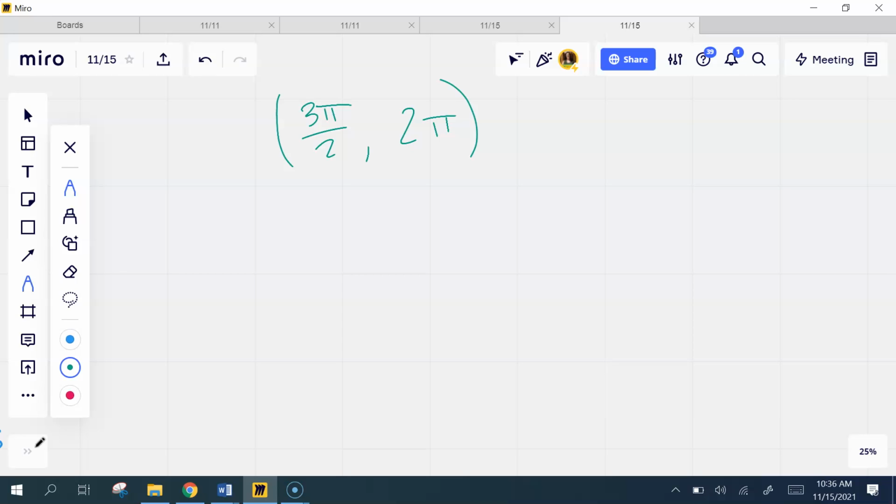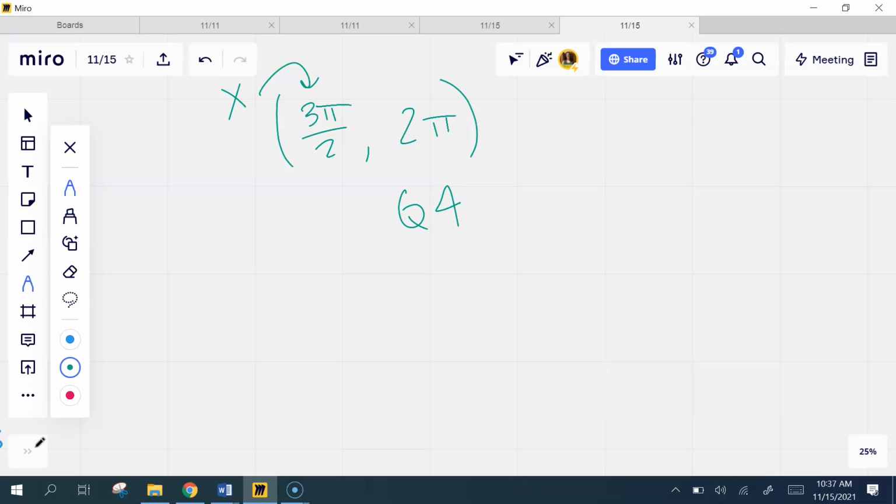No, it's not a point. I'm not talking about a point. I'm talking about x being on the interval 3 pi over 2 to 2 pi. Quadrant 4. Do we all agree? 3 pi over 2 is the bottom of my circle, and then around to 2 pi. So I'm in quadrant 4.